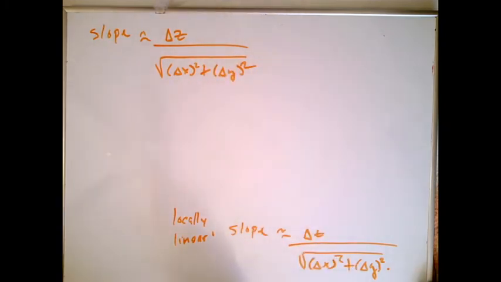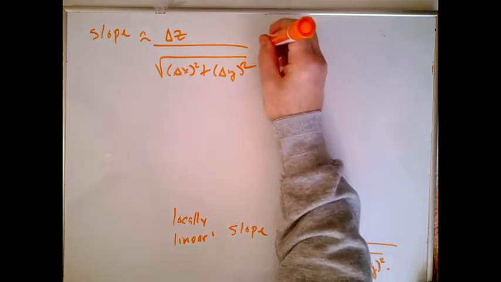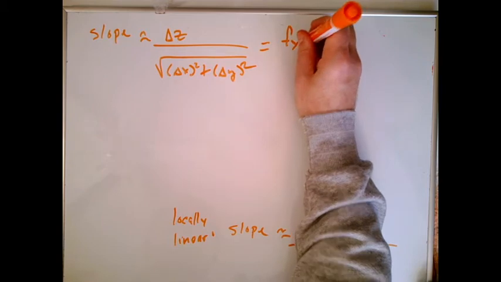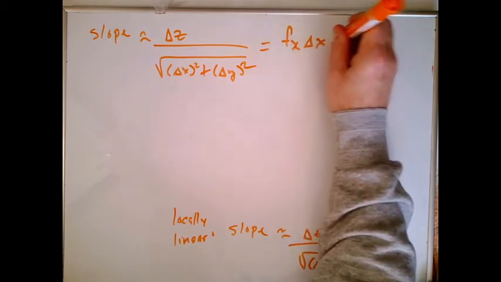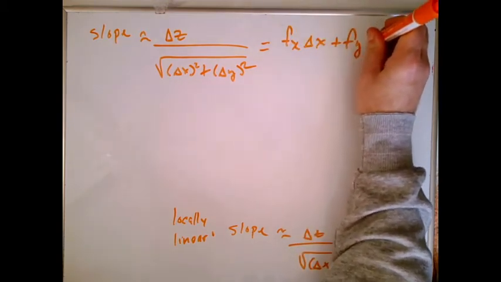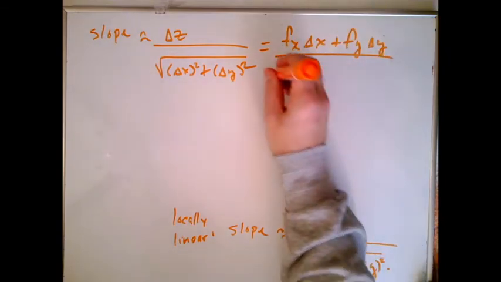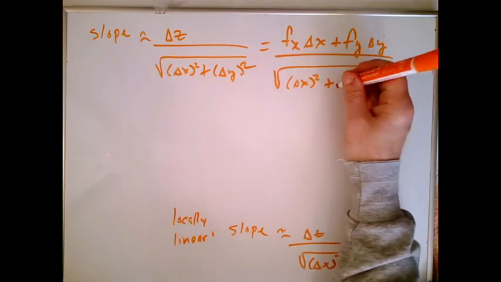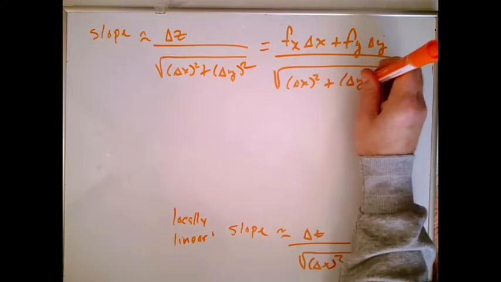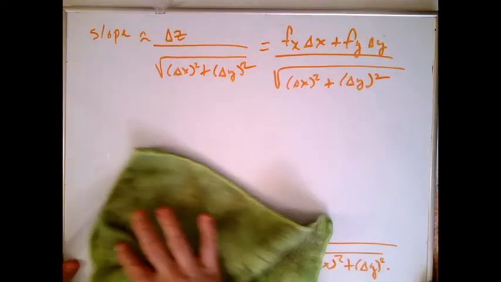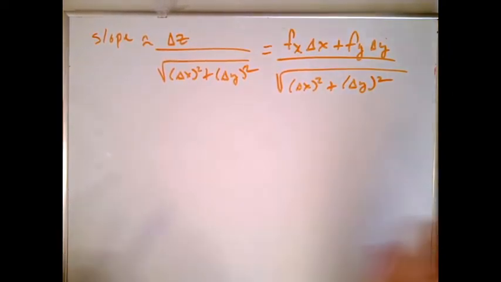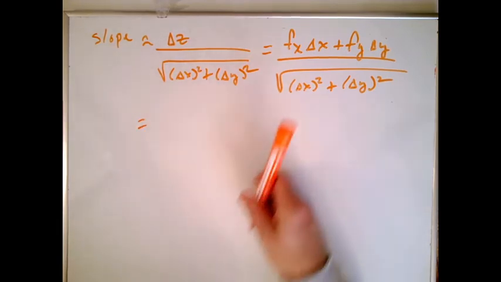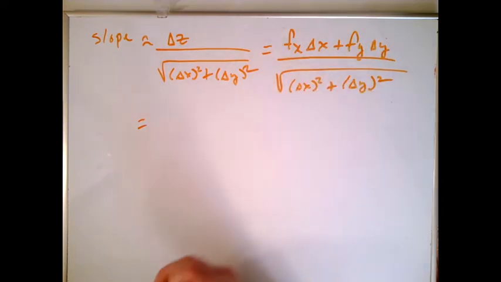And now what we're going to do is use a differential, as I promised. What we're going to get here is, we remember that delta z looks like fx delta x plus fy delta y. Just like that. This is all over the square root of delta x quantity squared plus delta y quantity squared, like that. And now we start to bring in the linear algebra. One thing we want to be able to do when we see something that looks like something times something plus something times something, that's a dot product.